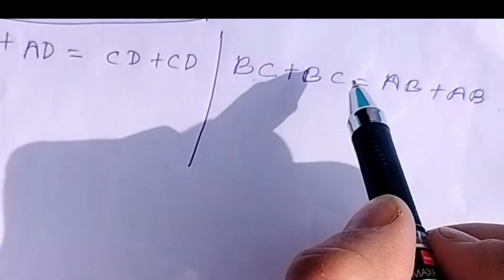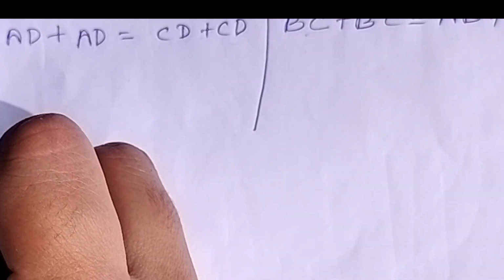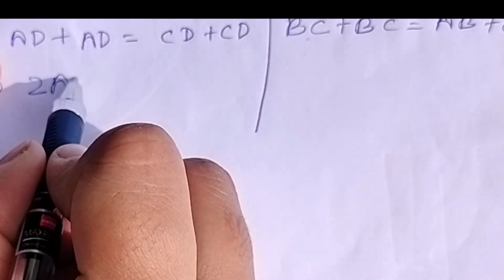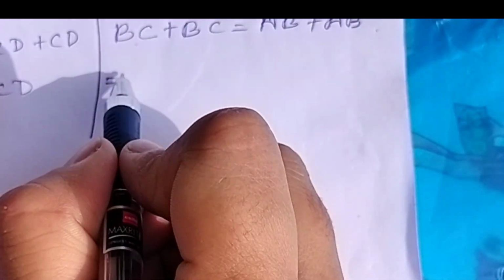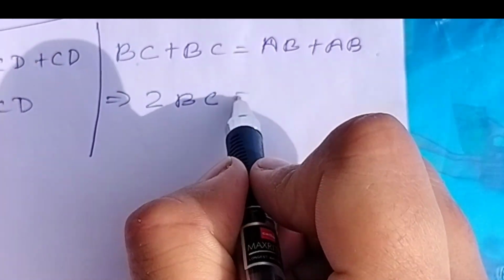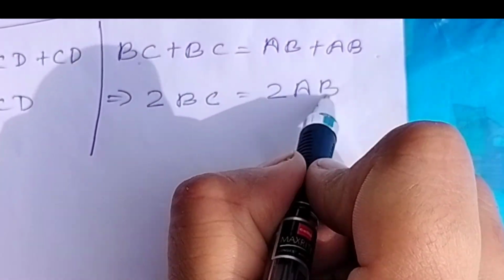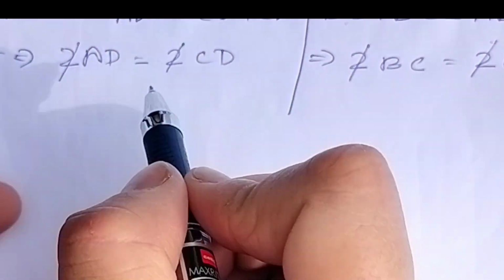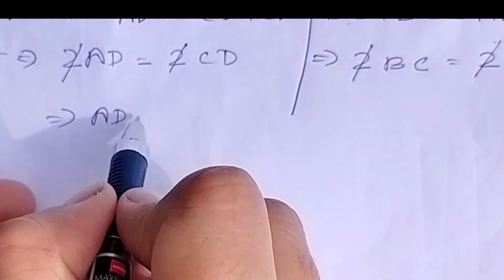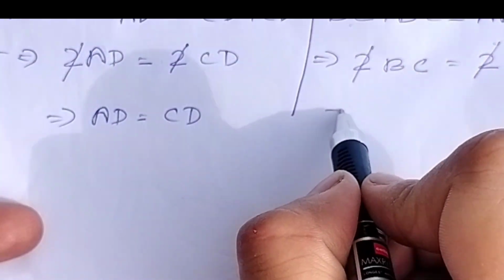Okay, so from here what we will get is AD plus AD is 2AD and CD plus CD is 2CD, and from here BC plus BC is 2BC and AB plus AB is 2AB. From here, the 2 will be cancelled, which gives AD equals CD and BC equals AB.